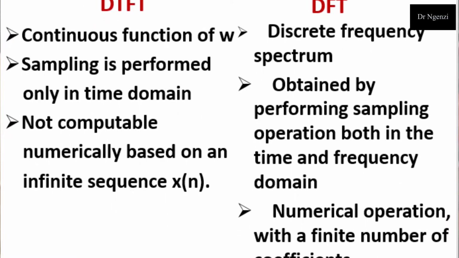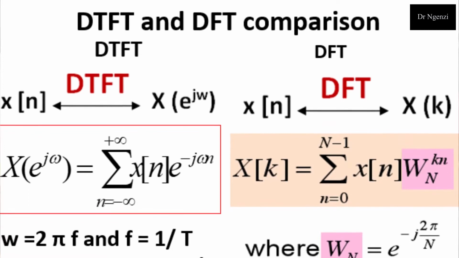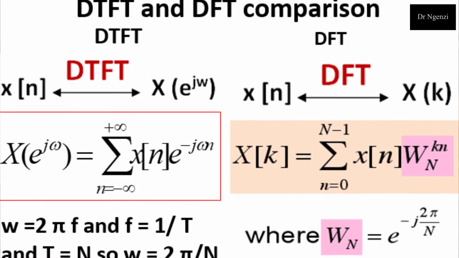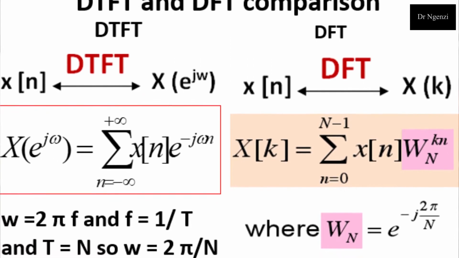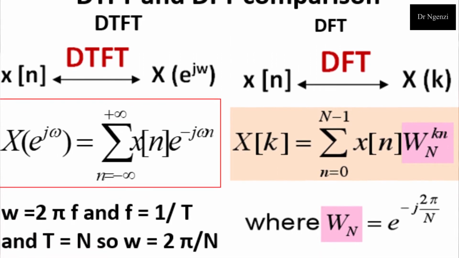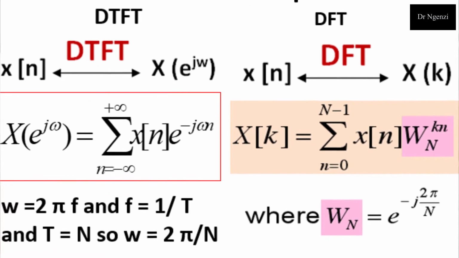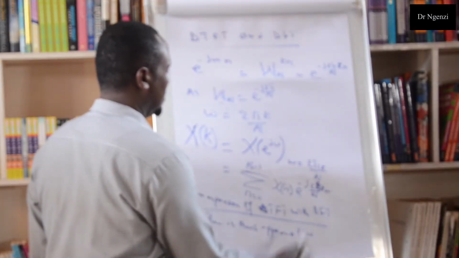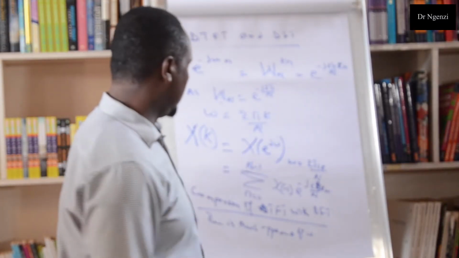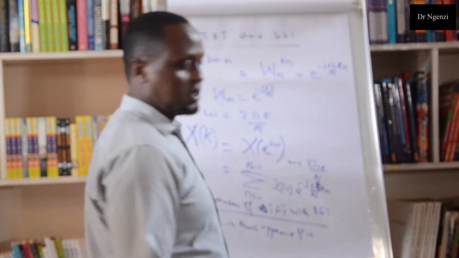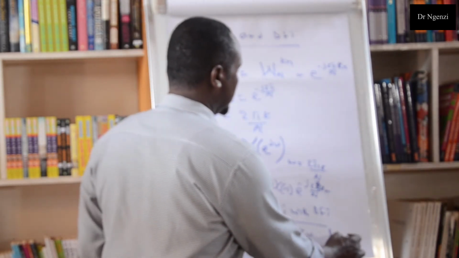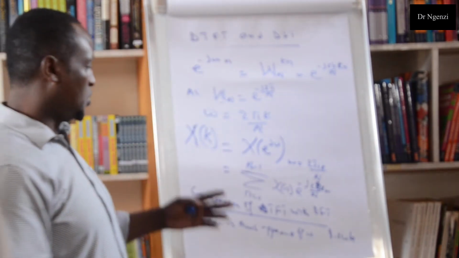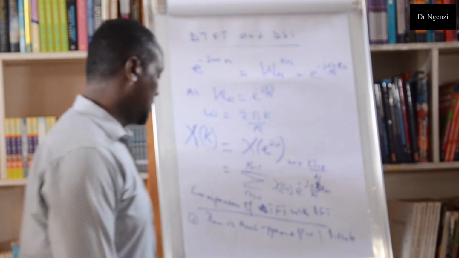So the continuous function of omega exists there. But on the other side, DFT has a discrete frequency domain, where the whole spectrum can be observed.